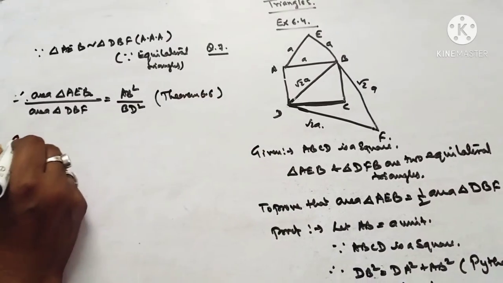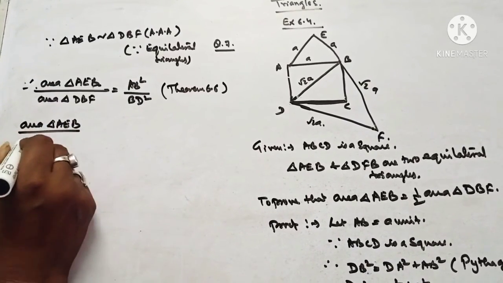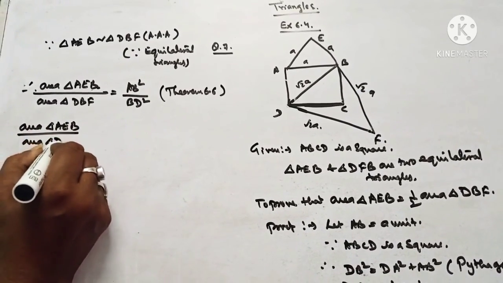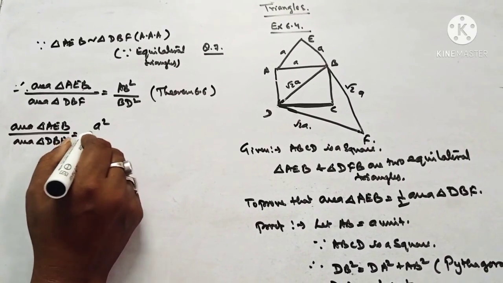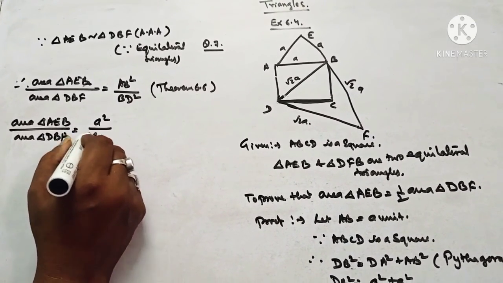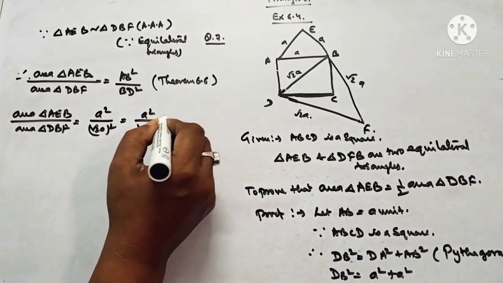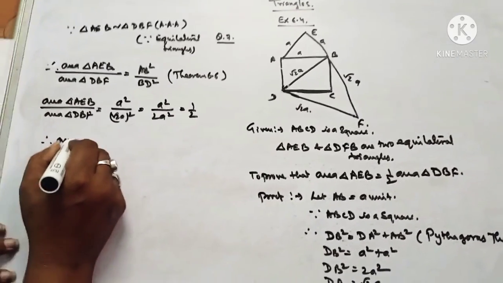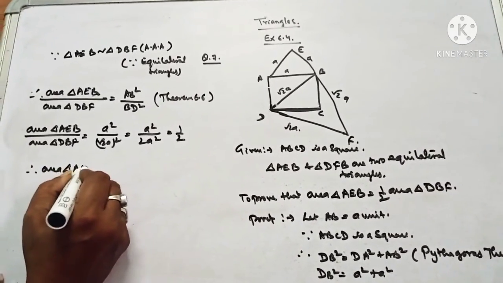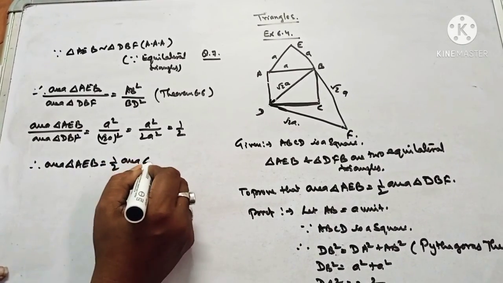So for area triangle AEB by area triangle DBF, AB is a, BD is root 2a, the whole square, a square by 2a square, that is equal to 1 by 2. Therefore area triangle AEB is equal to half area triangle DBF.